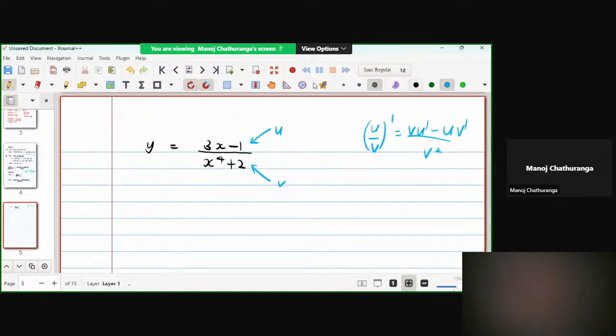So let's differentiate. Take the denominator, differentiate the other part, minus. Now do it in the other order. Take the numerator, differentiate the denominator.